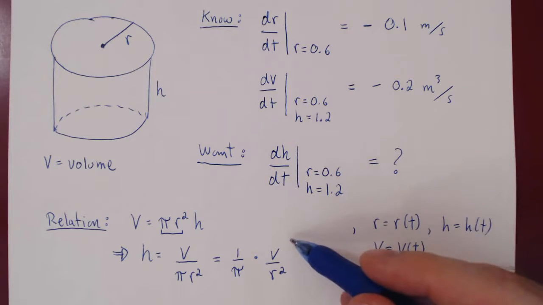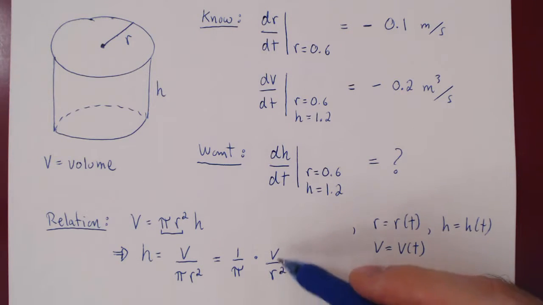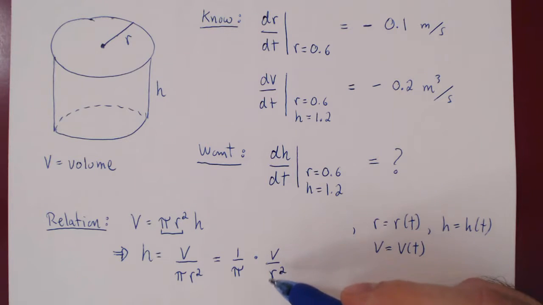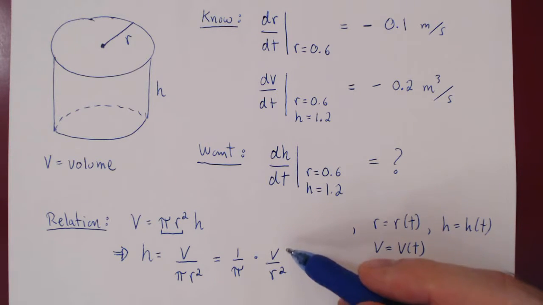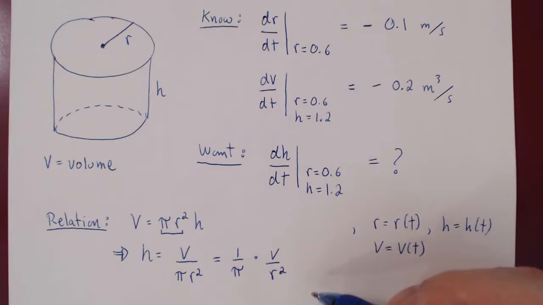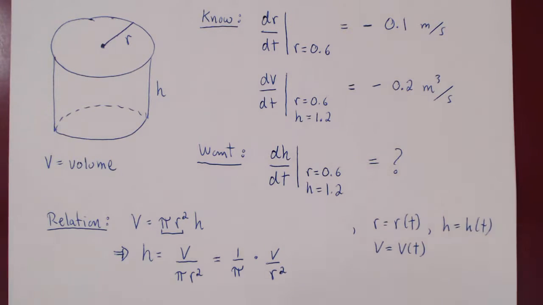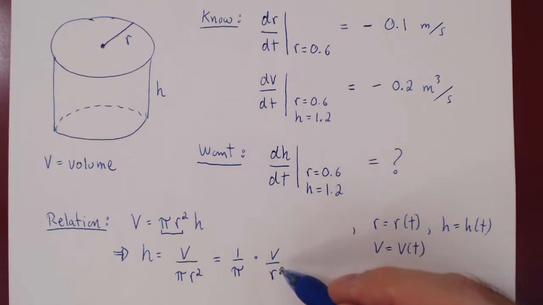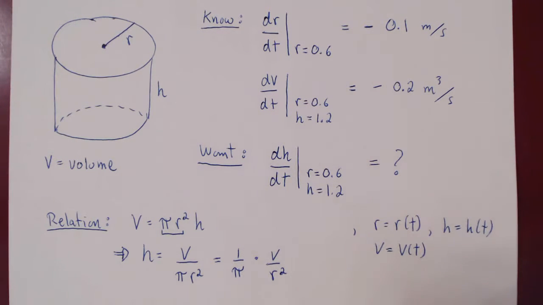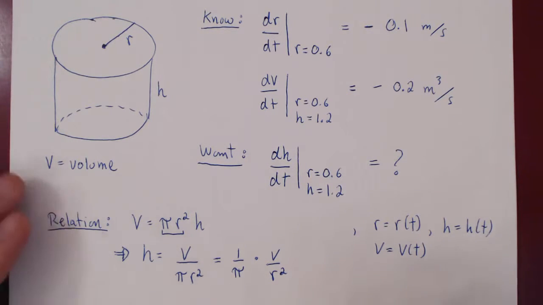Now here you have two options. You could use the quotient rule in finding the derivative of this, or you could write 1 over r squared as r to the minus 2, and avoid that way the quotient rule. Whichever way you choose is equivalent, but I'll go here with avoiding the quotient rule in favor of the product rule and the power rule.